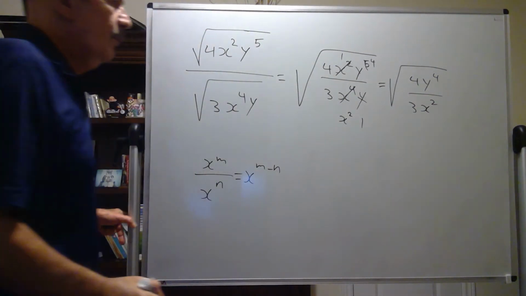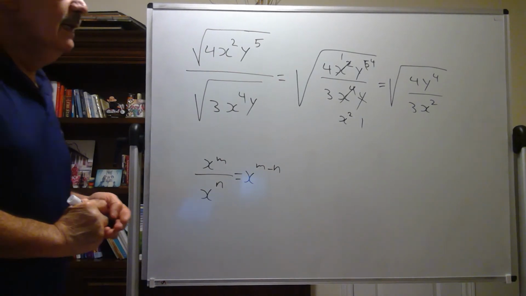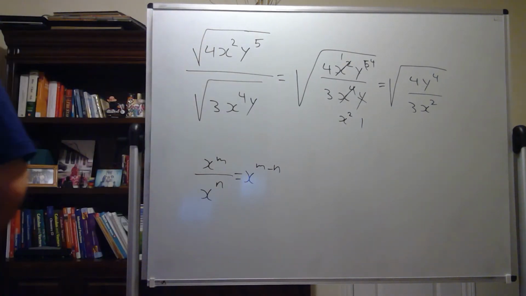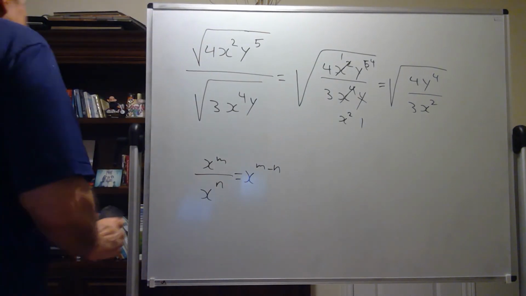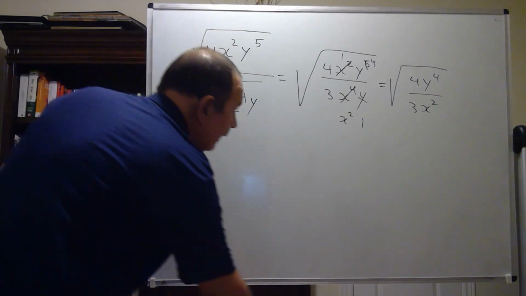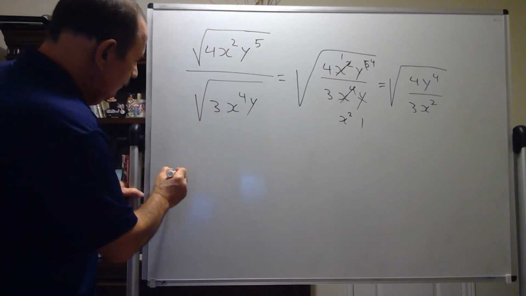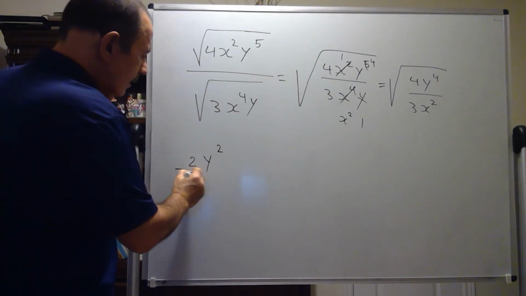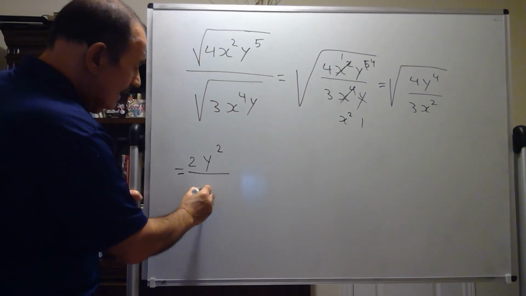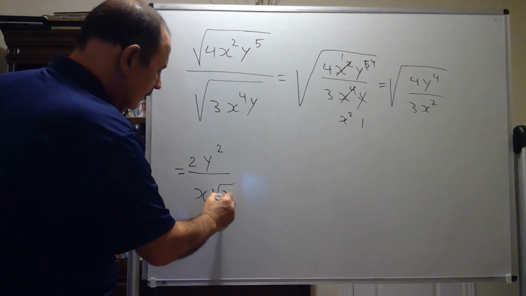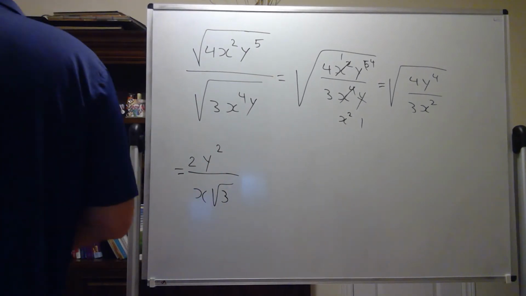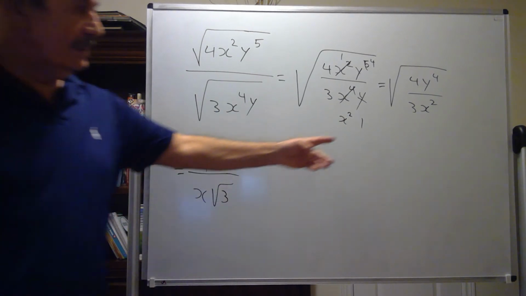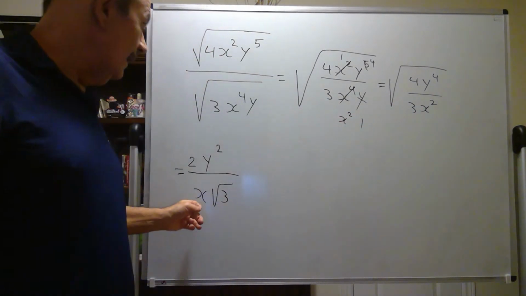That's it. And then we can take this out from under the radical, which is going to be 2y squared at the top, and at the bottom we have x radical 3. Because this x squared, I can take it out, it's going to be x.